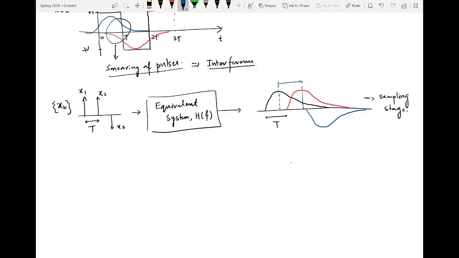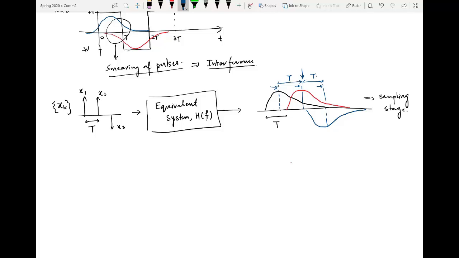This duration is again capital T, and again equally spaced by capital T. So you will only get these 3 samples at these 3 points: this is the first, this is the second, and this is the third. Now if you sample at the first sampling instant, it is very clear that there is no interference from any other pulse, because we have considered no previous pulse.